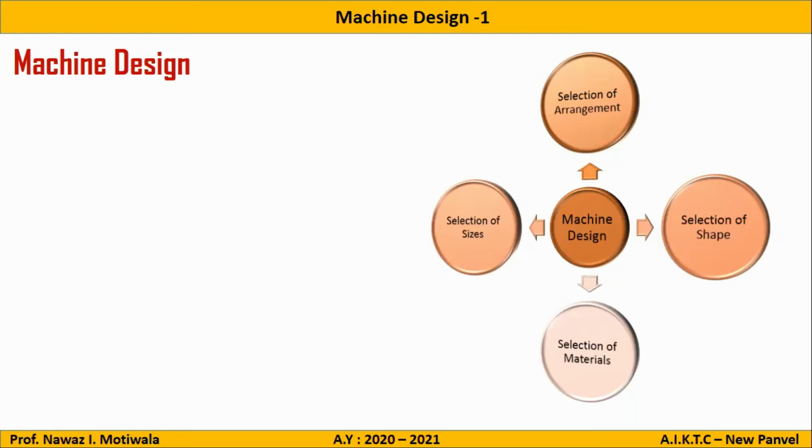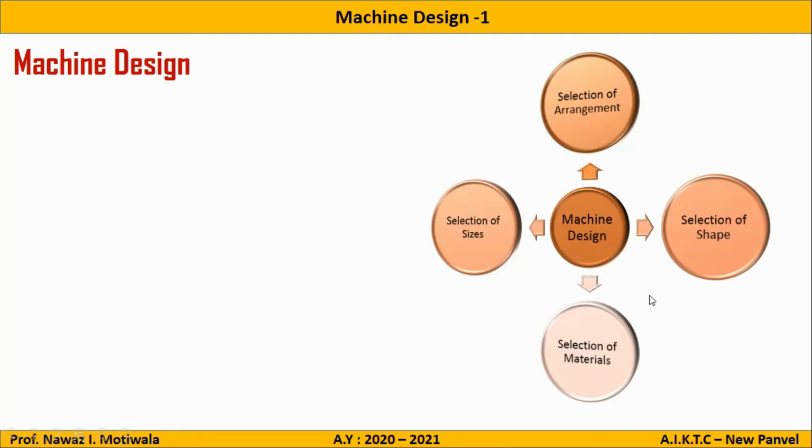So if I club all these four terms into one sentence, I can define that a machine design is a process. Okay, and mark my words. Machine design is a process of selecting materials, shape, size, and the arrangement of mechanical elements.